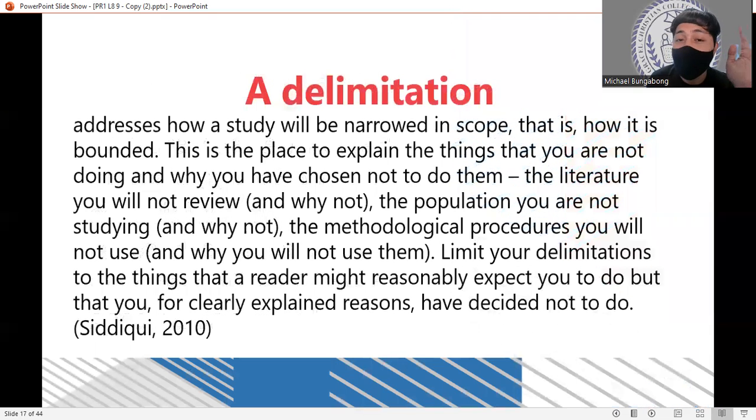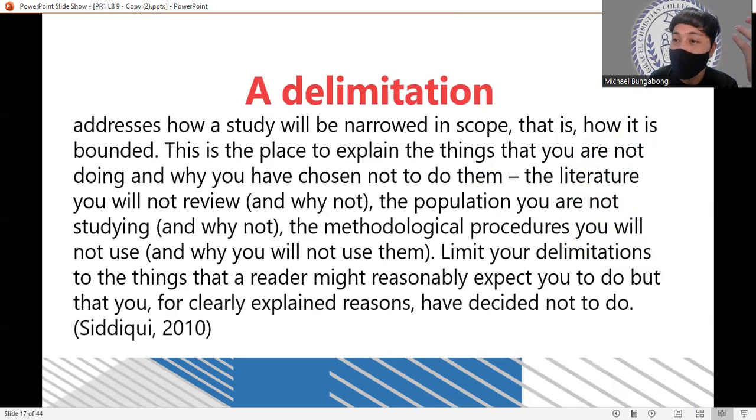And of course, let's talk about delimitation. What is delimitation, class? It addresses how the study will be narrowed in scope. This is how it is bounded. So again, class, I hope we understood the limitation. The situations and circumstances I showed you limit us as a researcher, no?